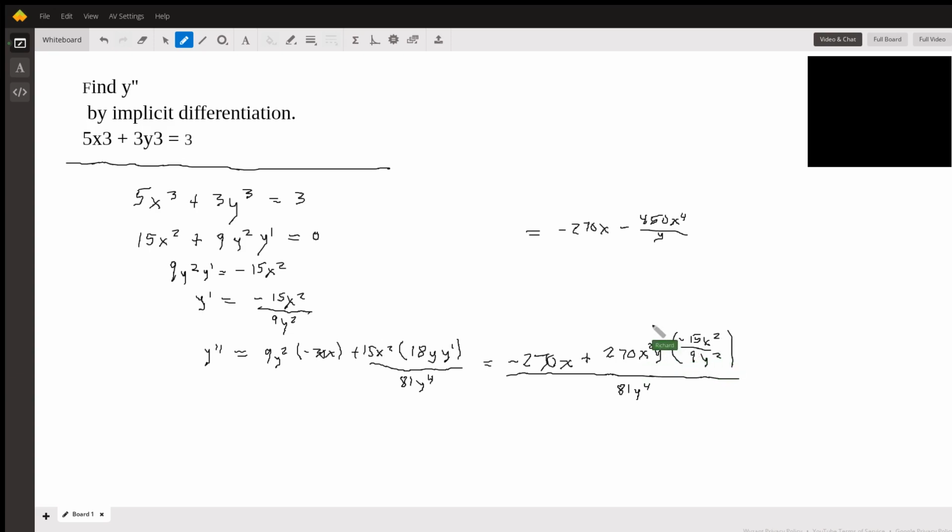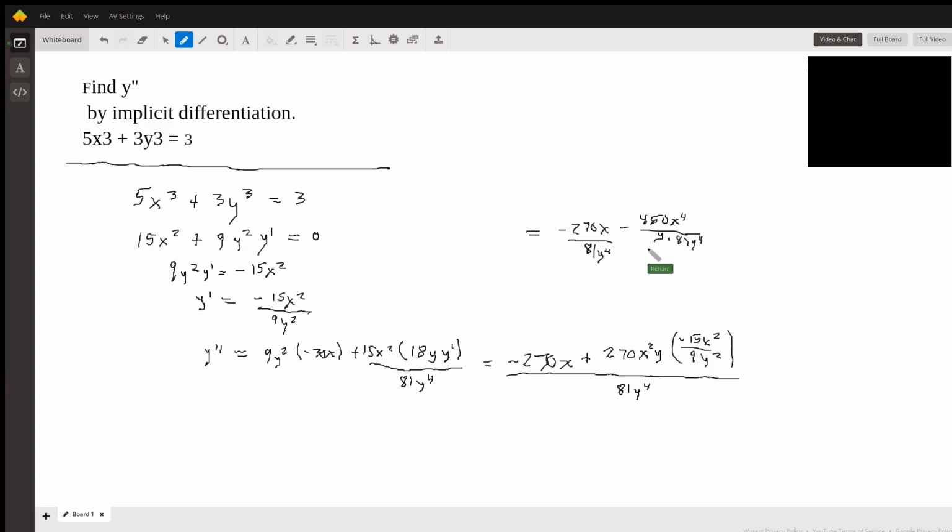And x squared times x squared is x to the fourth. And then this would be over 81y to the fourth, and then this would be times 81y to the fourth.